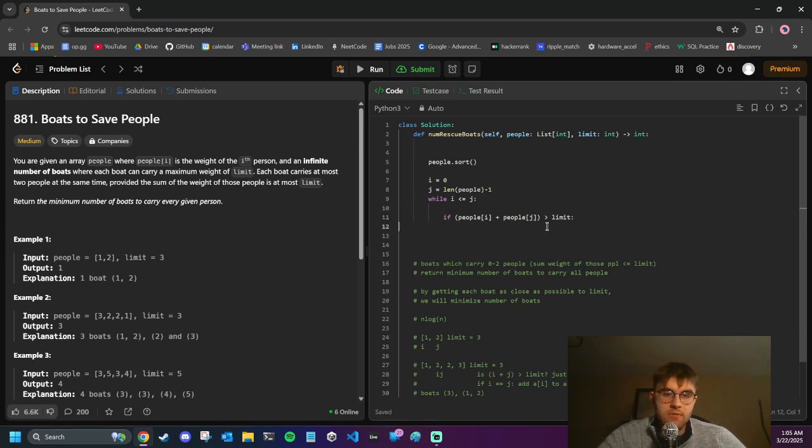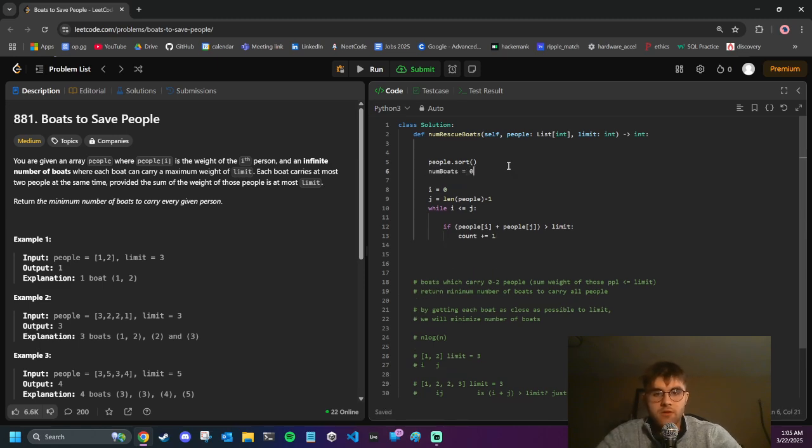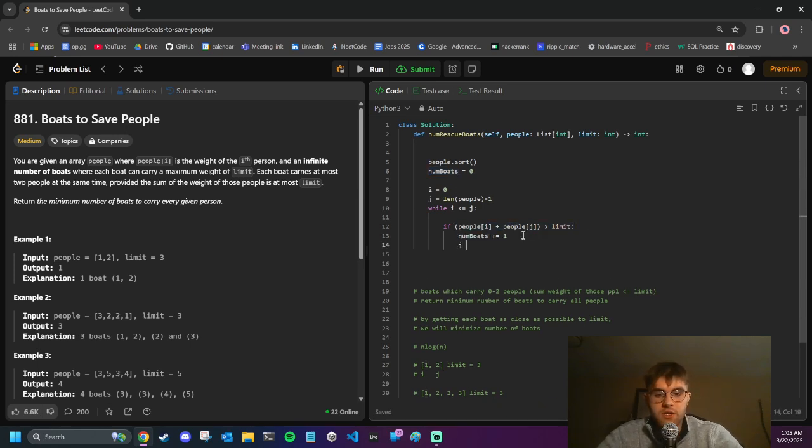In this case, this means we only add j. So the number of boats would go up by 1, and then j would go minus 1. We only move j.